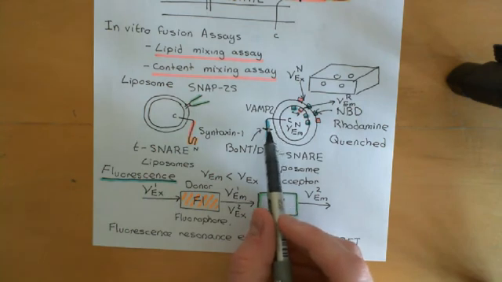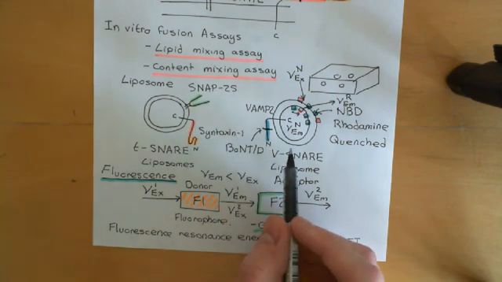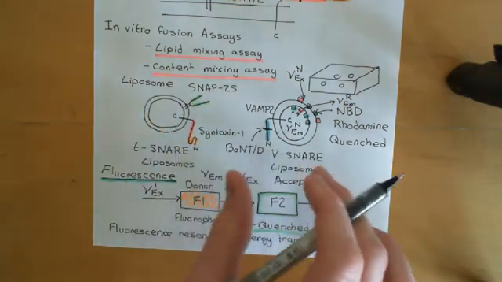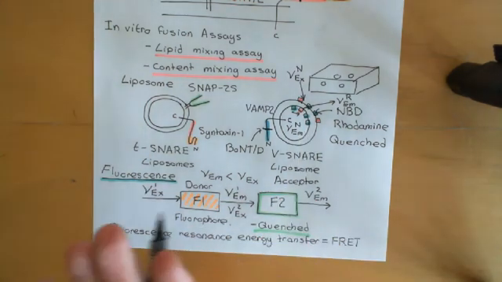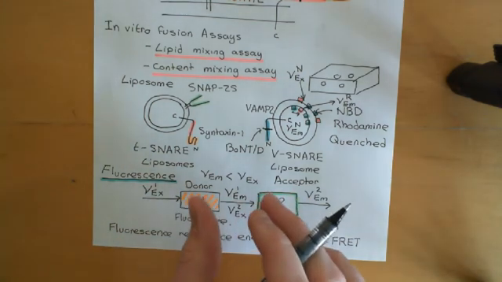This will stop snare-mediated fusion, and therefore the only fusion that you're going to get in this control is going to be snare-independent fusion. So the signal that you then get when you add these two populations of liposomes together, the dequenching signal of the MBD fluorescence, will be the signal from the snare-independent fusion.